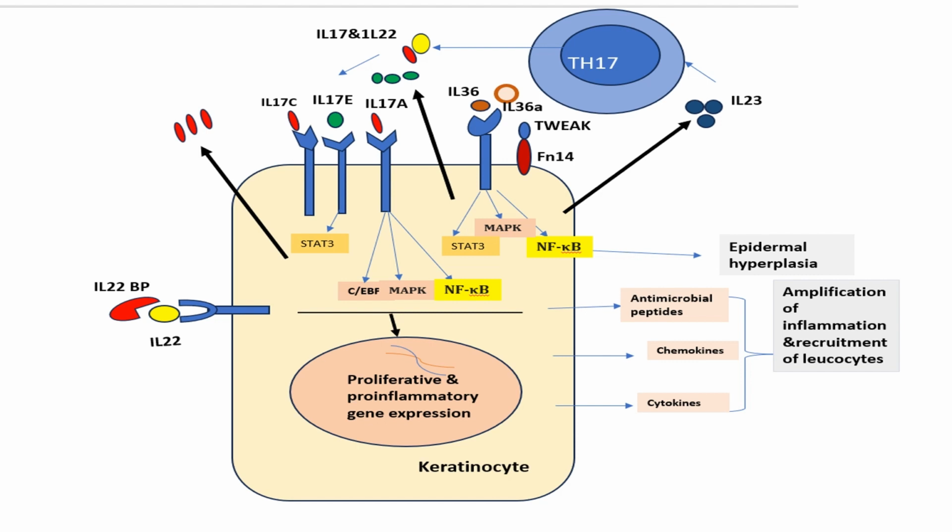In this diagram, we can see that interleukin 23 is very important for T helper 17 cells to produce interleukin 17, and we can see in the diagram here keratinocytes also produce interleukin 23, but its importance or its function is still unknown.